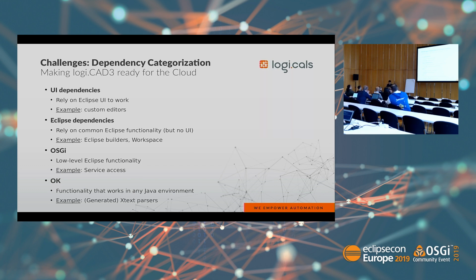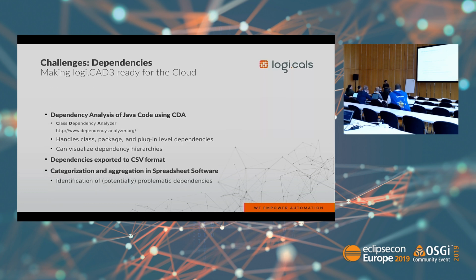So what we did to get the dependencies right was to use software to help us. We used the Class Dependency Analyzer, which is capable of determining dependencies on a class level, on a package level, and on the plugin level.